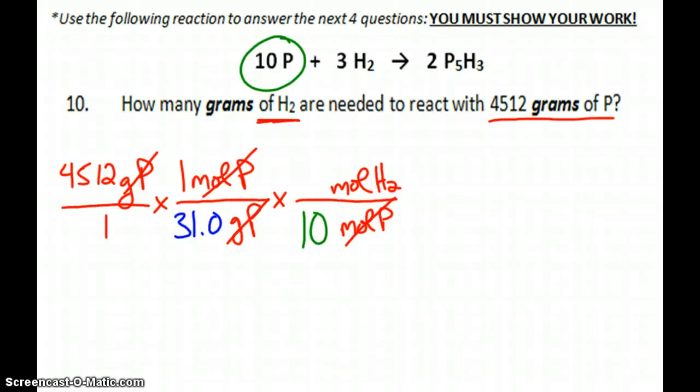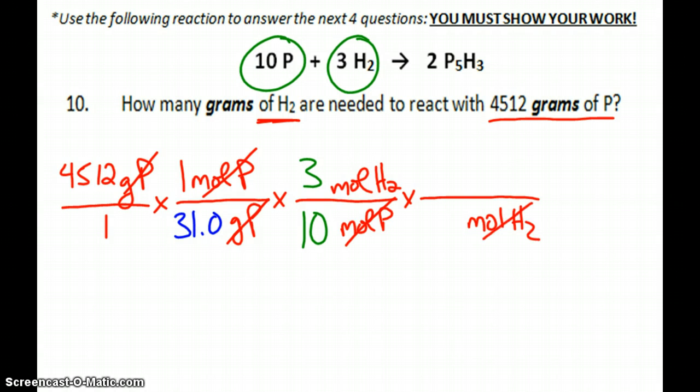10 for P, 3 for hydrogen. Now I have to go back to the periodic table for hydrogen. Mole has to come down here because I need to convert it. I'm using the periodic table, so 1 mole of hydrogen, and it's H2, so that's 1 plus 1, 2.0.